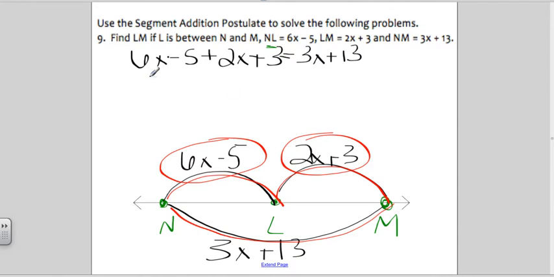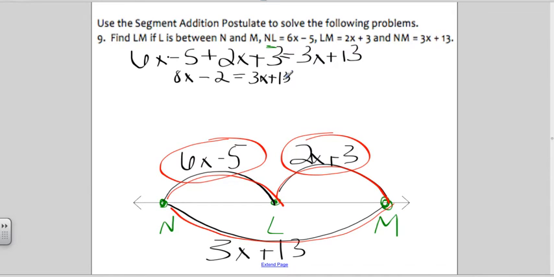Now I need to solve this. So I'm going to combine like terms on this side. So I have 8x. Negative 5 plus 3 is a negative 2. And that's going to be equal to my 3x plus 13.